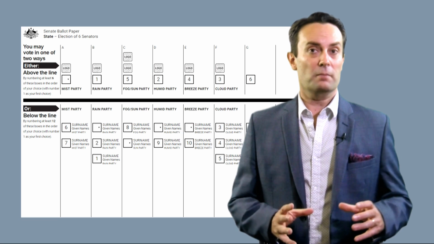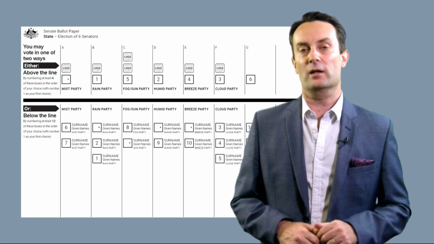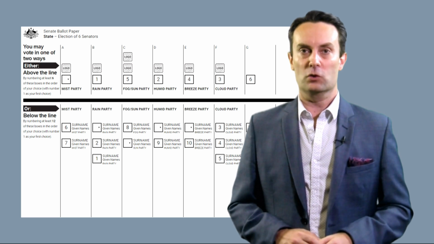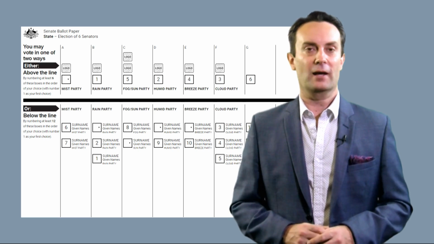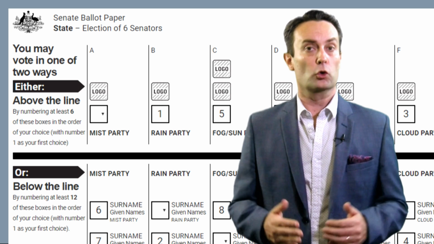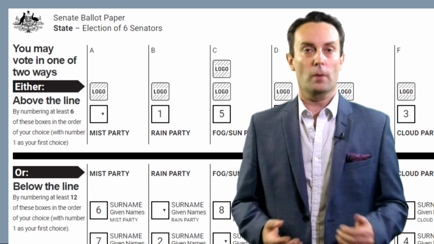To make your Senate ballot a valid vote, you must number at least 6 groups of candidates above the line, or at least 12 individual candidates below the thick black line. If you vote above the line, the candidates in the groups you vote for will get your vote in the order they're already printed on the ballot.